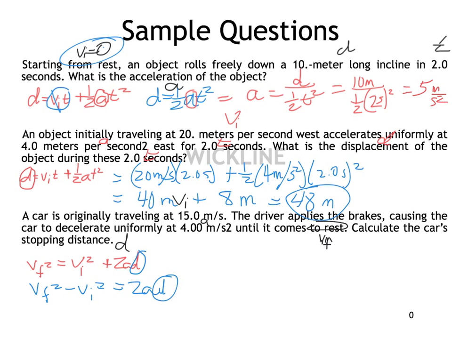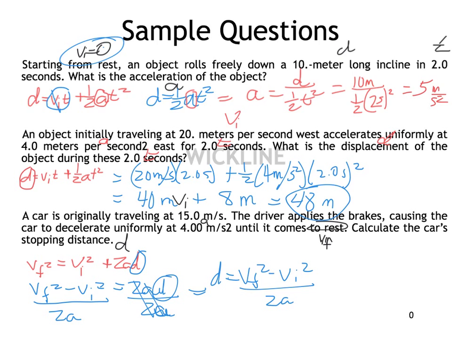Still looking for D. And we're going to divide both sides by 2A now. On the right-hand side, it cancels the 2A. And that means that D is VF squared minus VI squared over 2A.